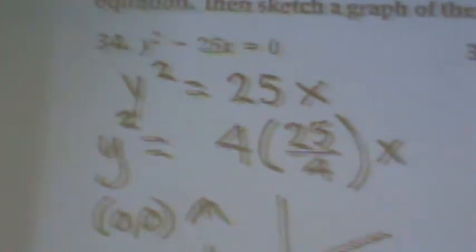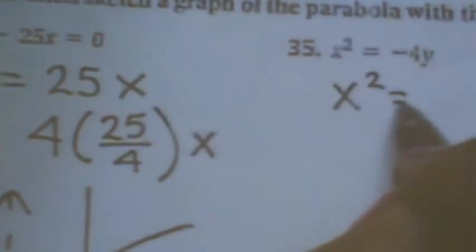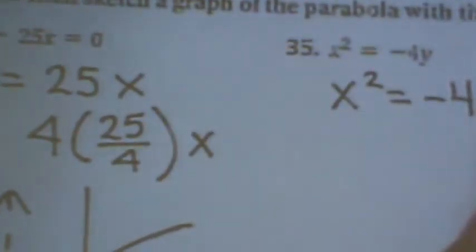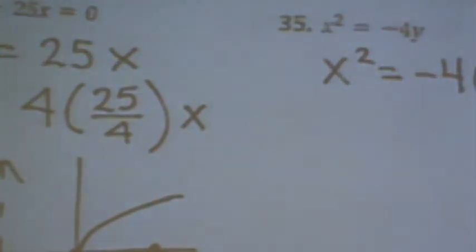Next one. What's p? This is an easy one. p is 1. What does this thing look like?